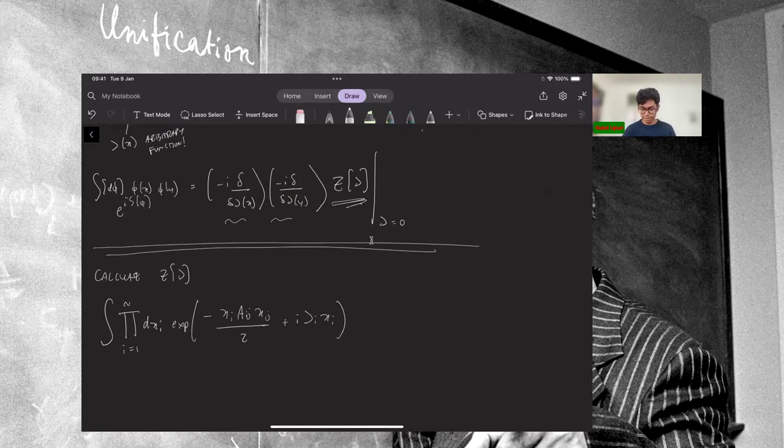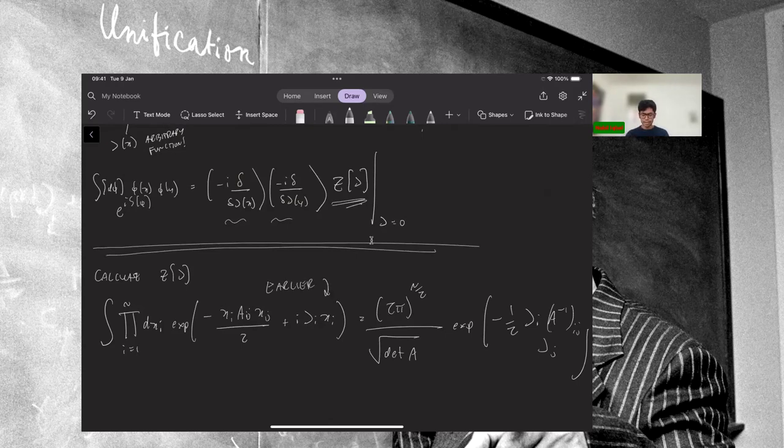So we did this integral and we calculated that this was equal to (2 pi) to the n over 2 divided by root det A, times exponential of minus one half J_i A inverse_ij J_j. Okay, so this is from earlier. I put an extra factor of i here. That's useful for later. This i results in a minus sign here. It's not a big deal.